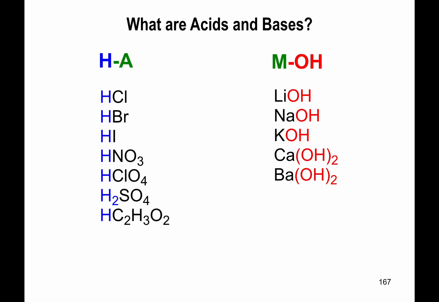But for now, we're only considering substances dissolved in water, which creates a constraint as to what can be an acid. So these substances here are the common ones that we're going to interact with, but keep in mind that they are not the only ones. On the other hand, hydroxide salts like lithium hydroxide, sodium hydroxide, potassium hydroxide, calcium hydroxide, barium hydroxide, these all correspond to bases.